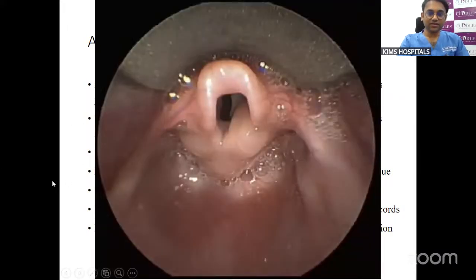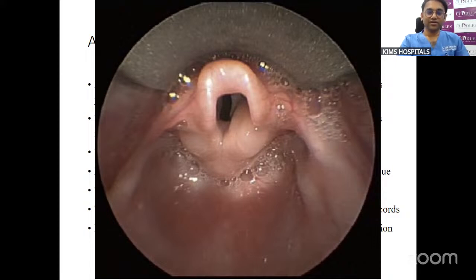This is an epiglottis of the newborn period. We can see this large soft epiglottis, which is U shaped or omega shaped, and these aryepiglottic folds, which are very soft and fluffy and cover the vocal cords. The airway is much more prone to dynamic collapse, and any anatomical variation can lead to significant airway obstruction.